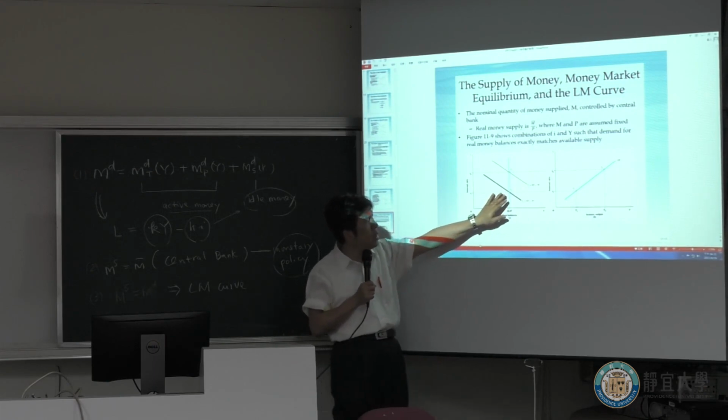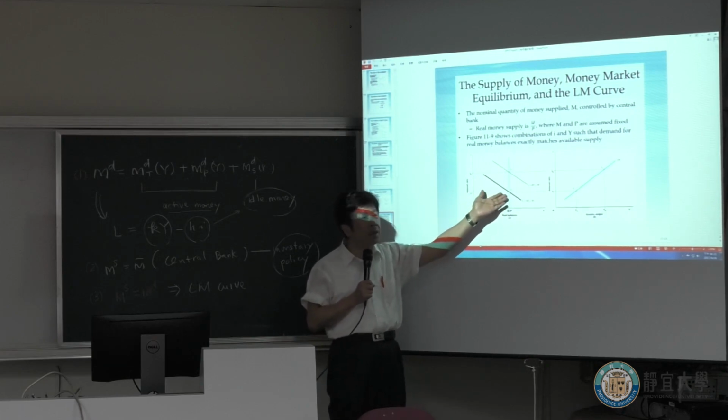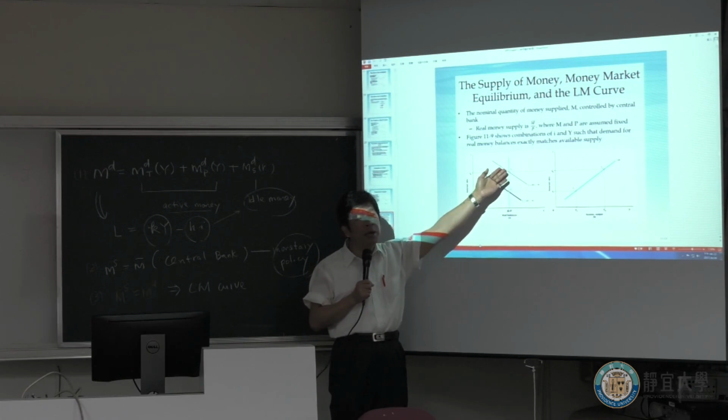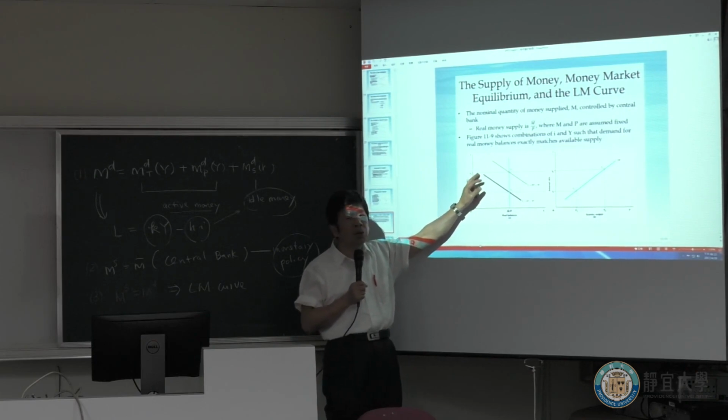When income increases from Y1 to Y2, the money demand curve shifts to the right, and we find a higher interest rate.